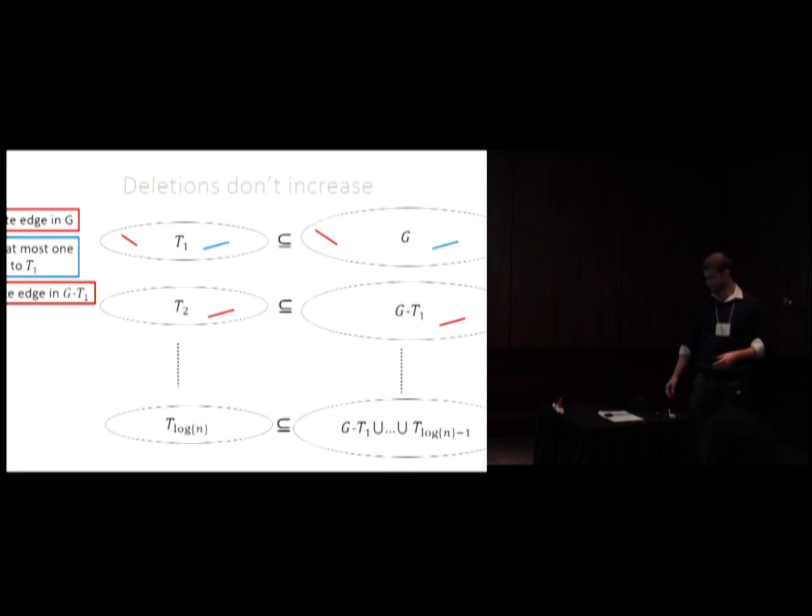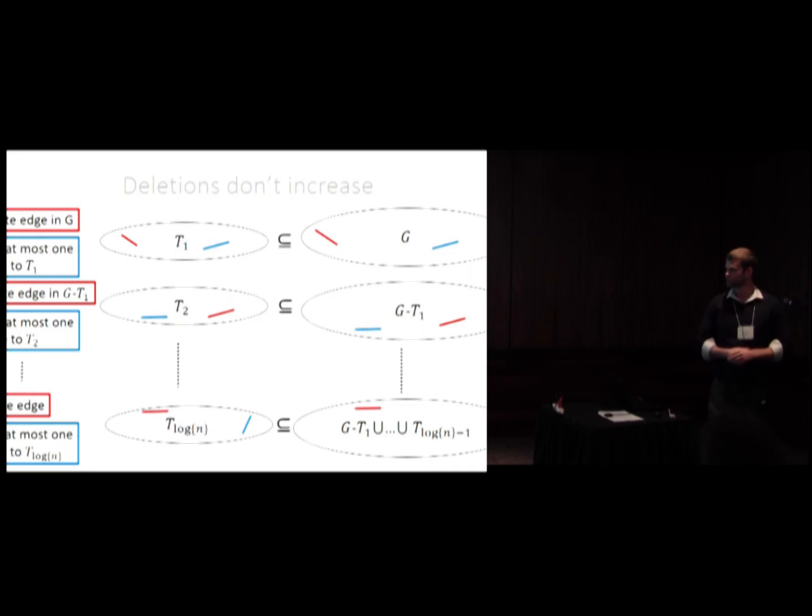But then, of course, we need to delete that edge from the subsequent graph. So this edge could then be in the next tree. We add at most one edge. And this process could repeat all the way down. So the reason we're fine here is because we're adding at most one edge. That should be reasonably clear.